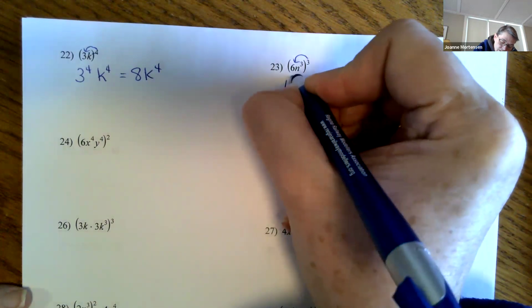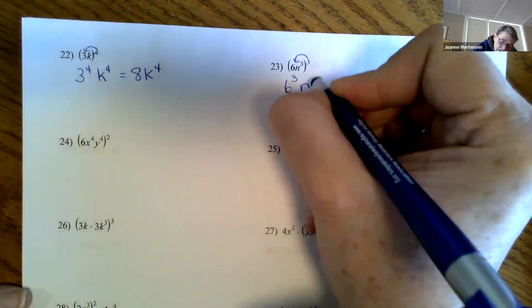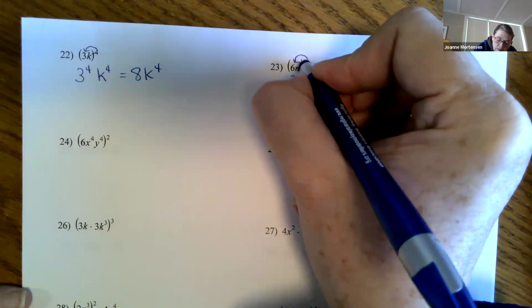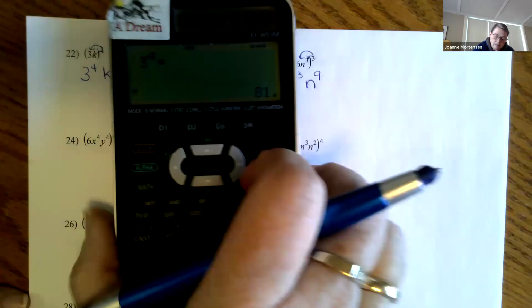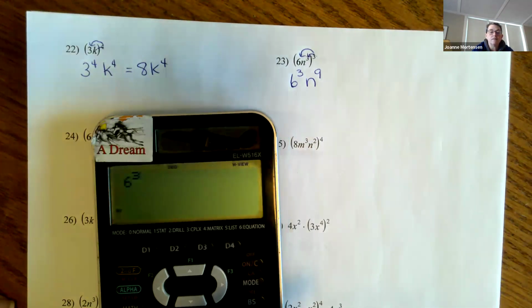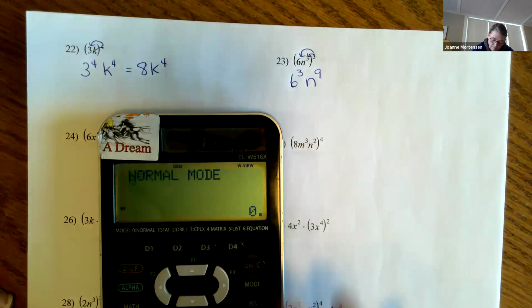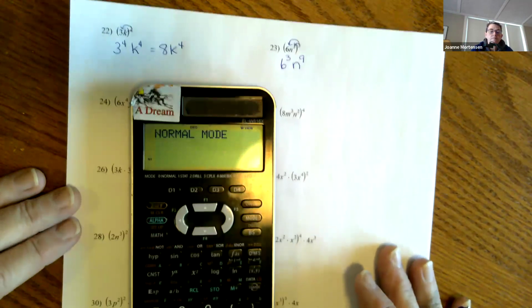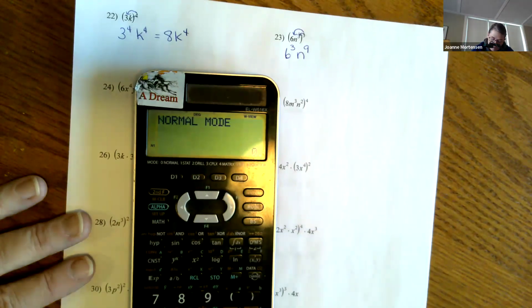This is going to give me 6 to the third and x to the 9, because we multiply here. And then 6 to the third. Maybe that's the answer.